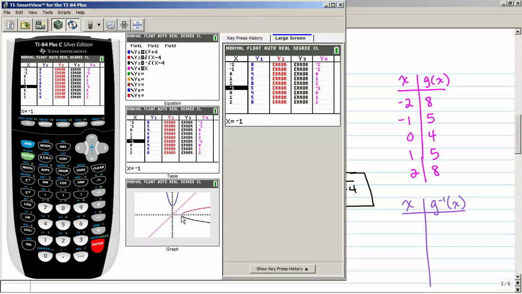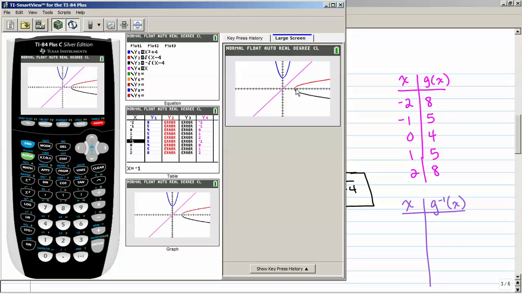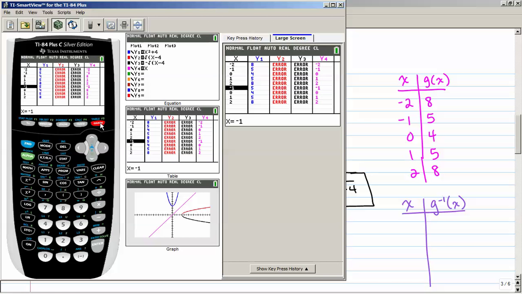That's because, notice in the graph here, I'll go to the graph so it's a little bit bigger, this function doesn't start until x equals 4. So let's go to the table, and let's try 4, 5, 6, 7, 8.